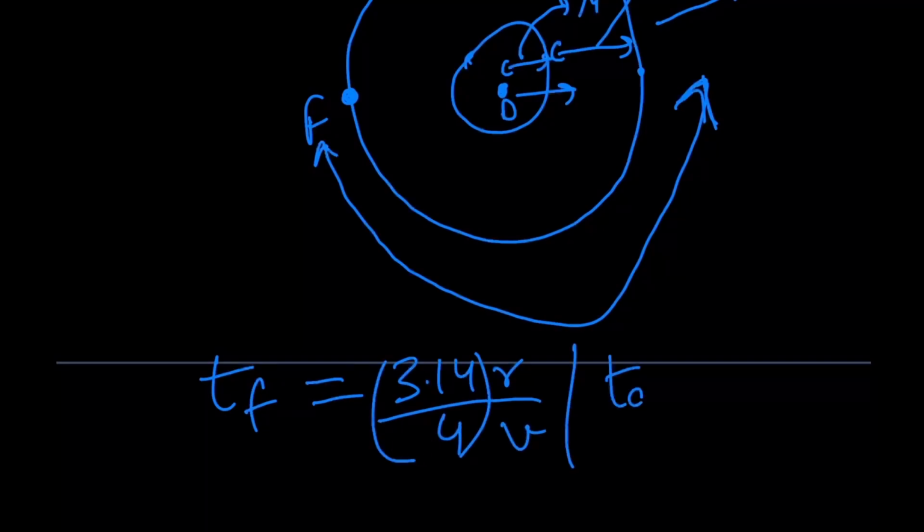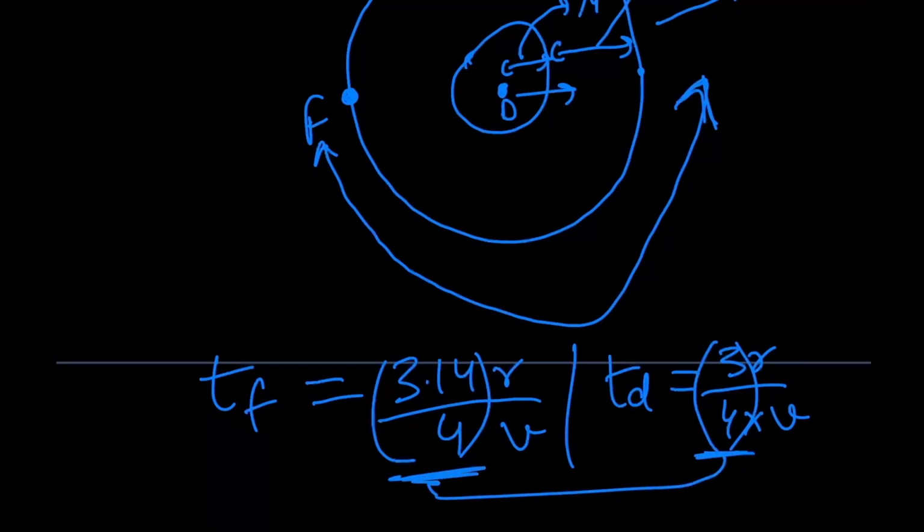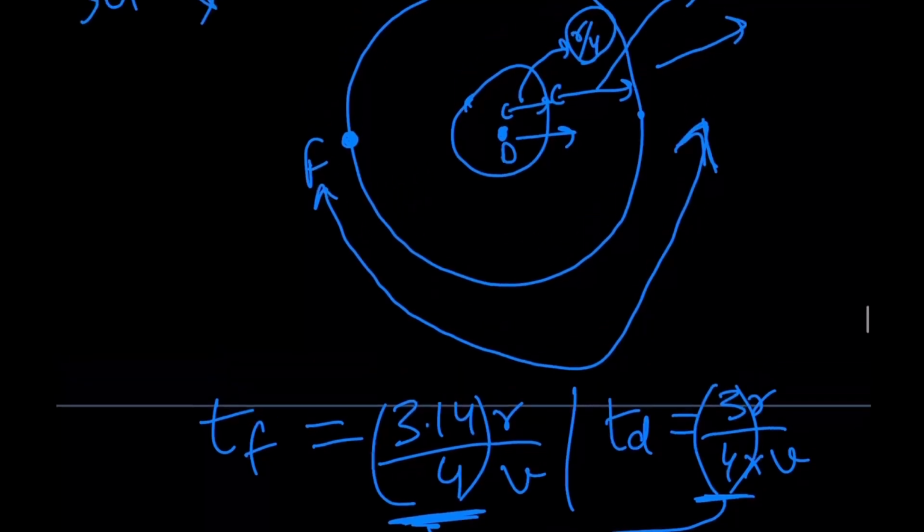But for the duck, this comes out to be 3r/4 into v. And you can see that this fraction is less than this fraction.